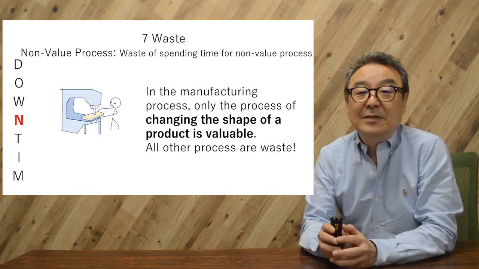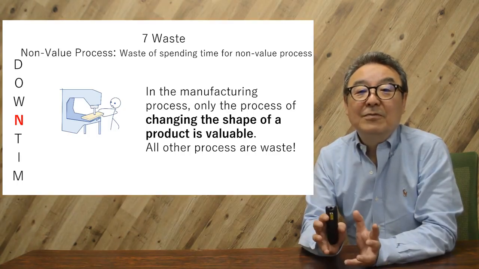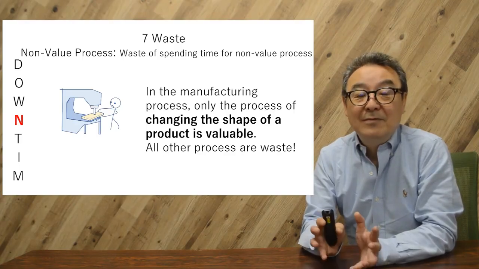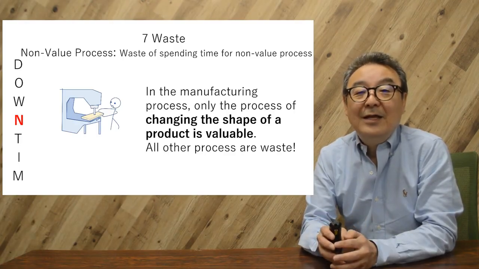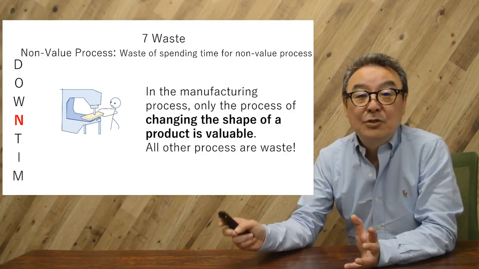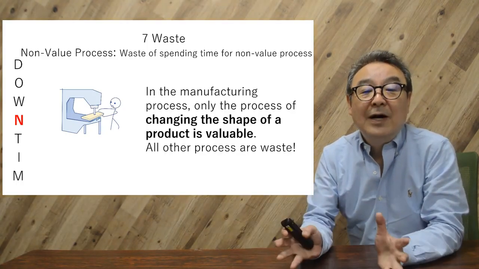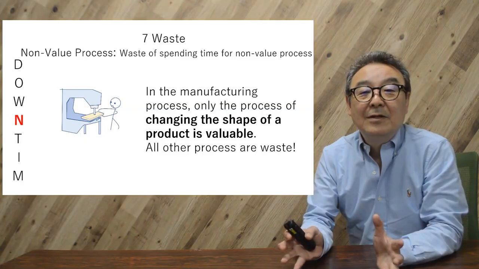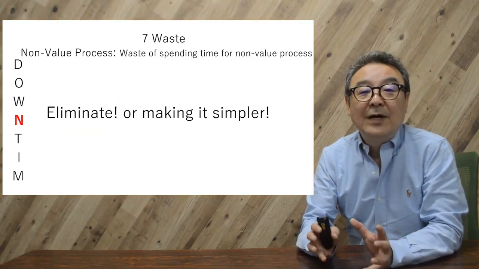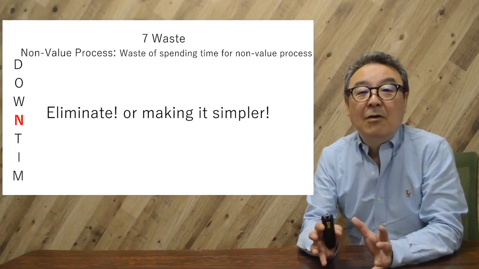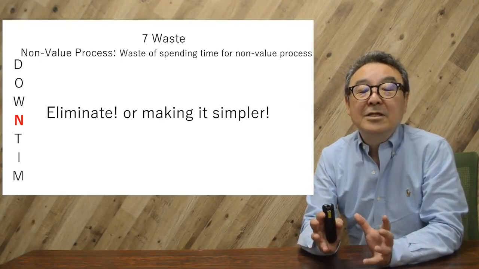In manufacturing, only the process of changing the shape of a product is valuable. Other processes, like picking up a tool or bringing a tool, are non-value. So if you find this situation, please consider eliminating it or making it simple.